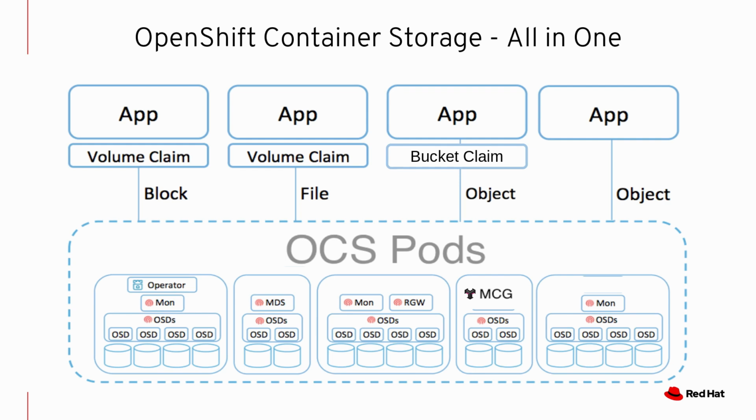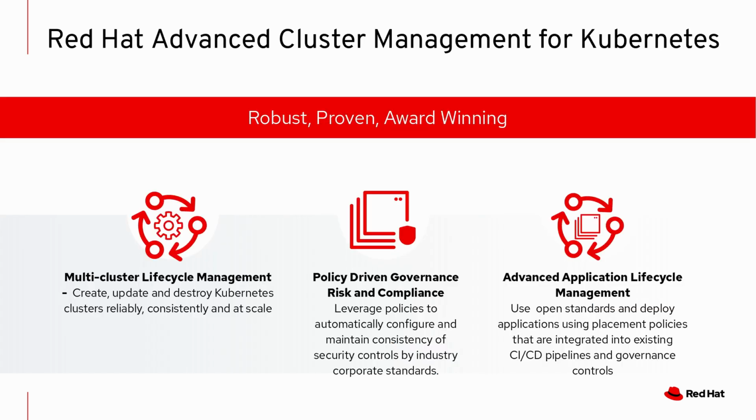It also supports all storage access modes that are defined in Kubernetes: read-write once, read-write many, read-only many. So depending on the architecture and requirements of your application, with this solution you can meet all the storage needs that might be defined by the application.